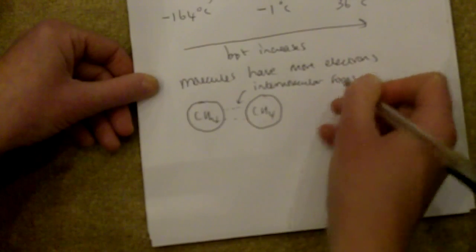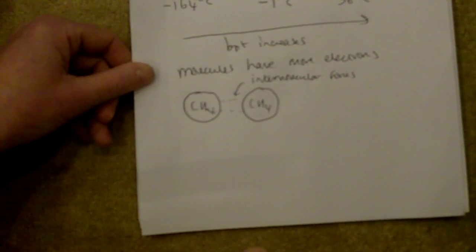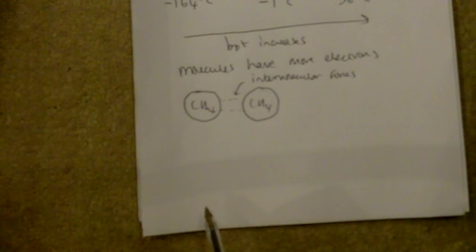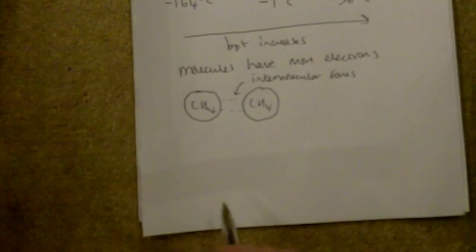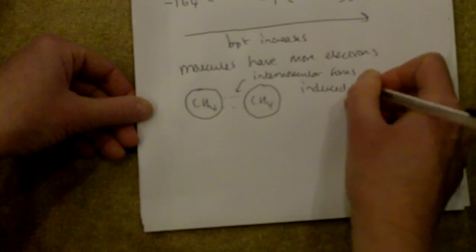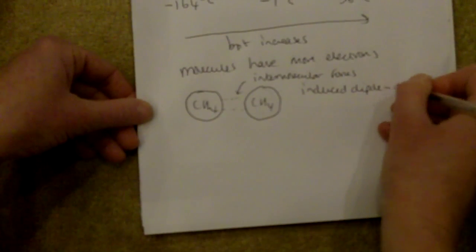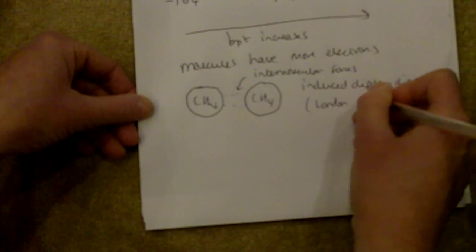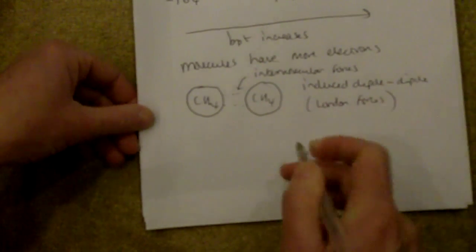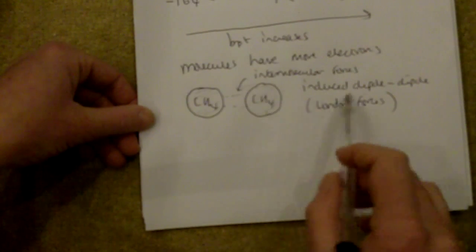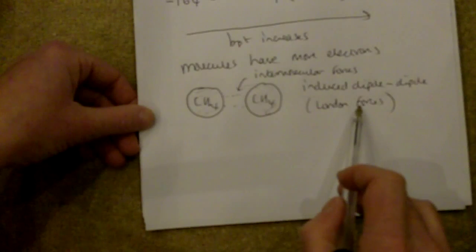What are the intermolecular forces between methane molecules? Well, that's going to be the induced dipole to dipole forces, or London forces as they're also called. The more electrons that you have, the greater these forces are going to be.